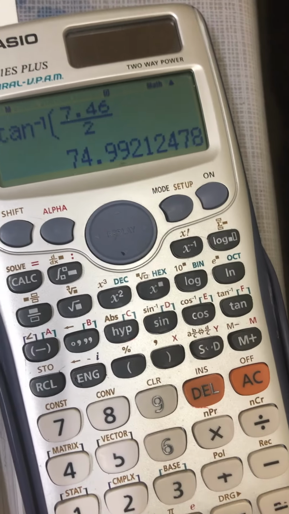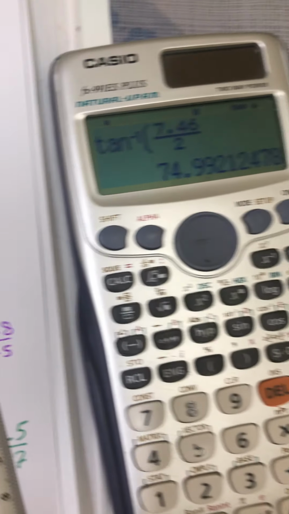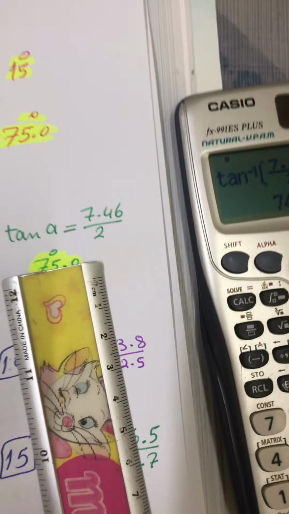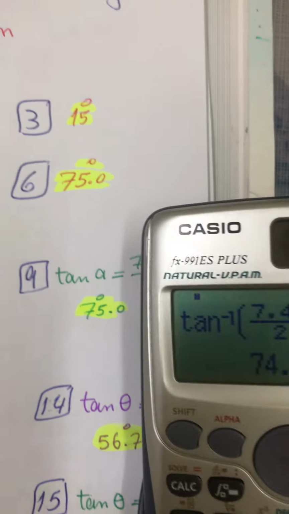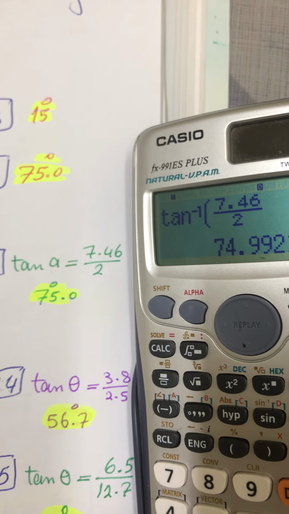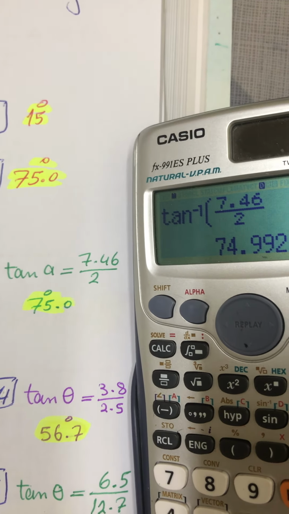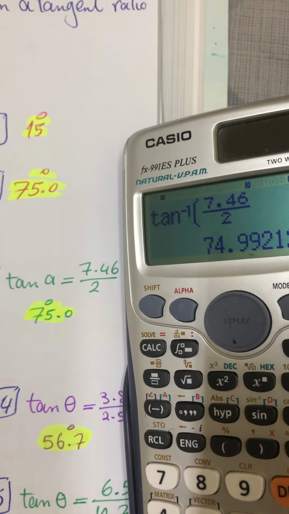Equal. 74.99, so I'll consider it 75. This is the answer on your calculator, and it's 75. Easy, very easy.